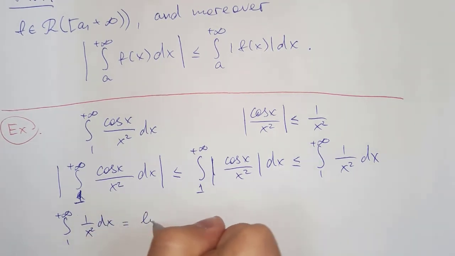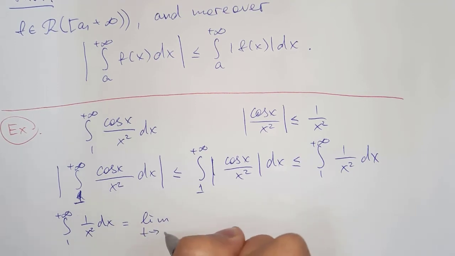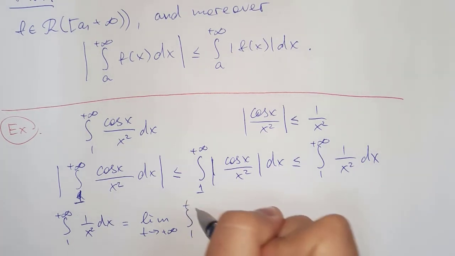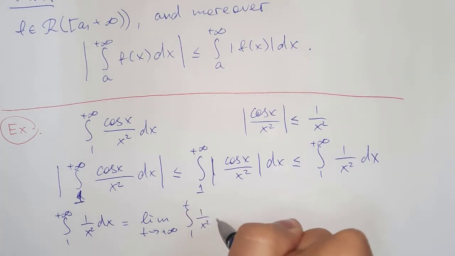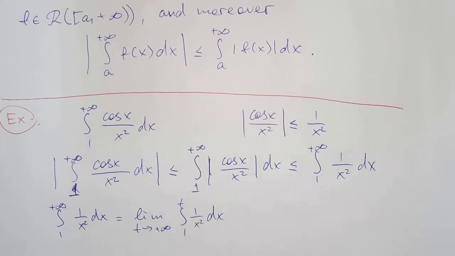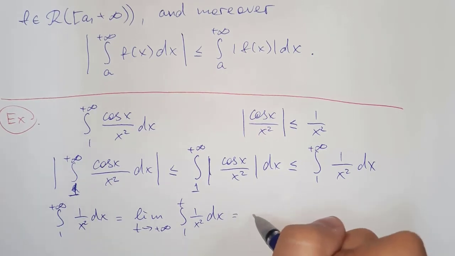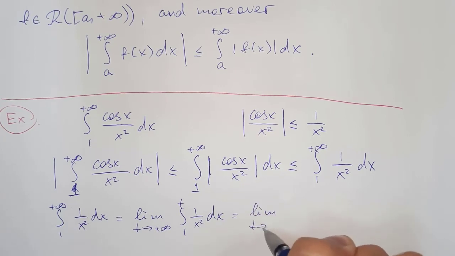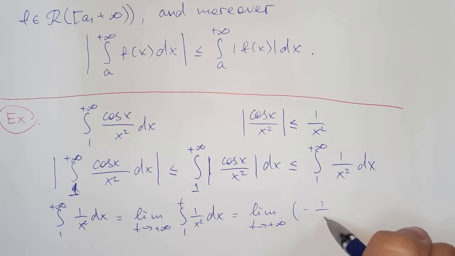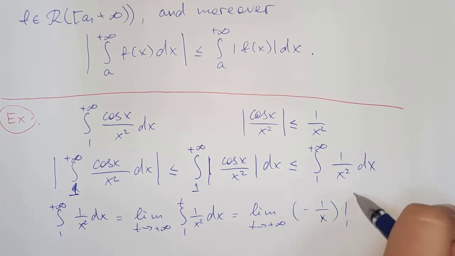It equals the limit as t tends to plus infinity of minus 1 over x from 1 to t.